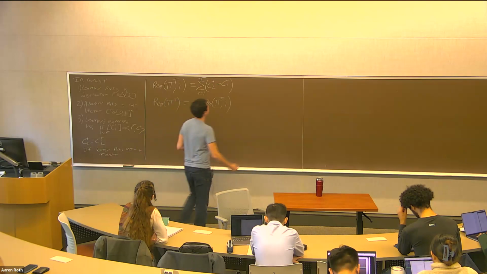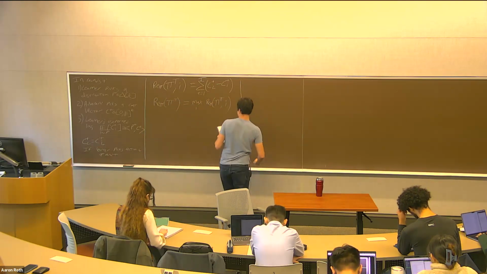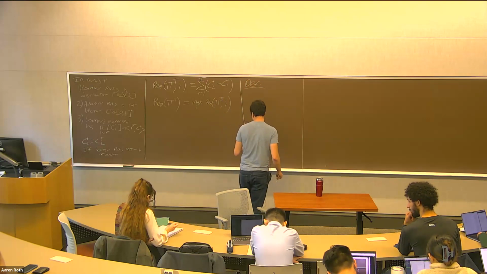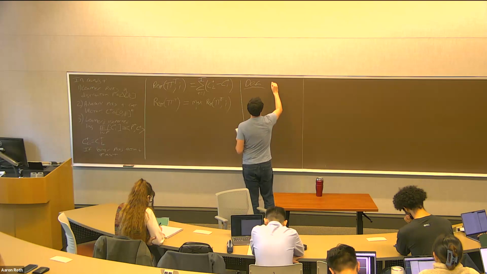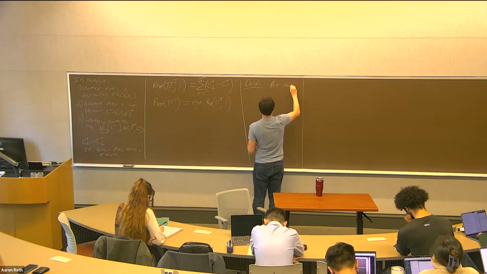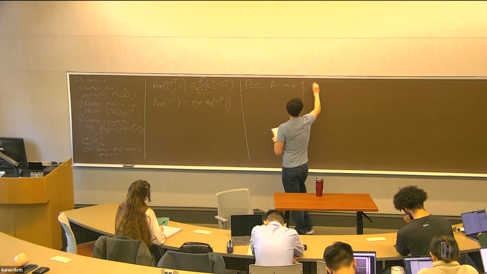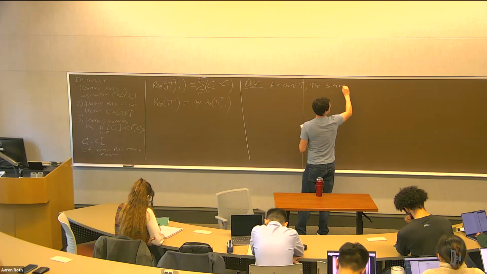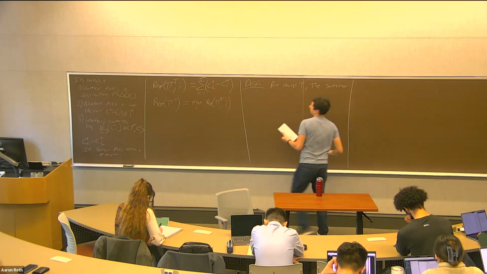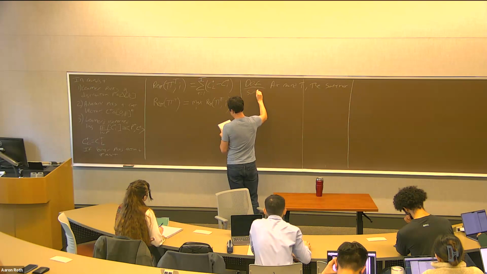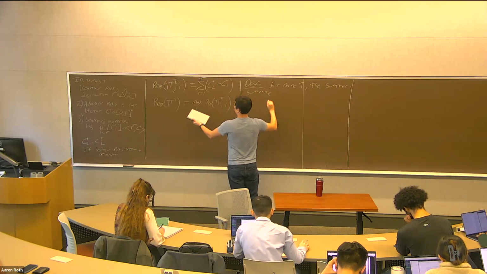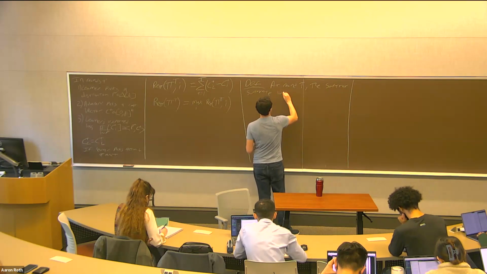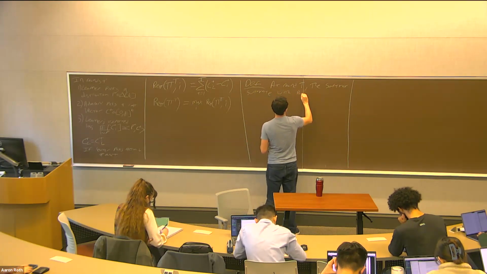So let's define, at each round t, a softmax surrogate for our regret bound here with parameter eta.